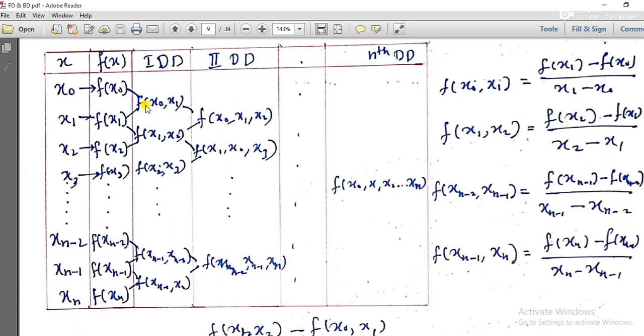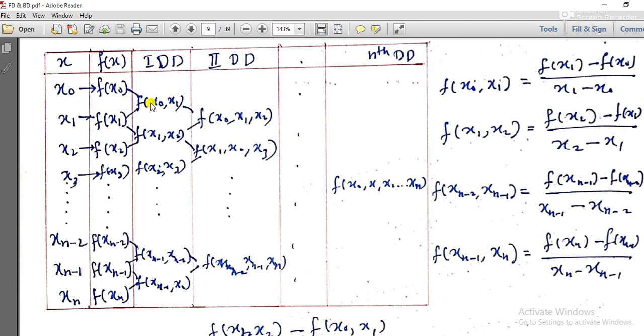The first divided difference is f of x naught comma x1. How can we find it? f of x naught comma x1 is equal to f of x1 minus f of x naught divided by x1 minus x naught.